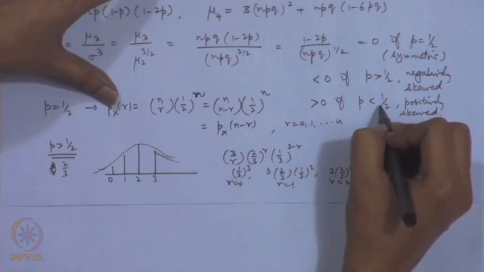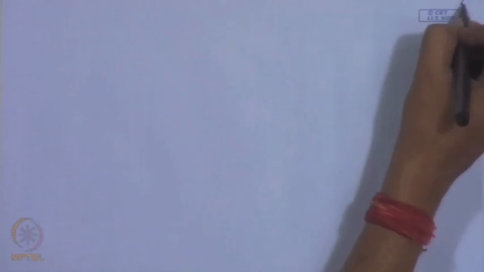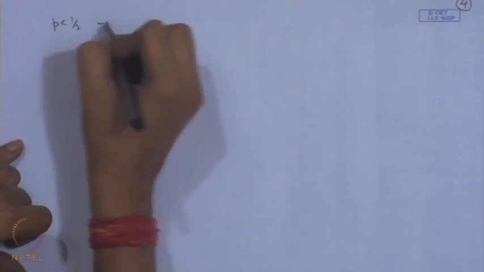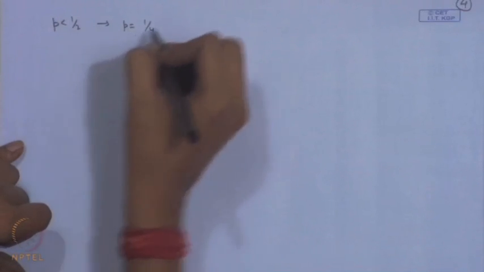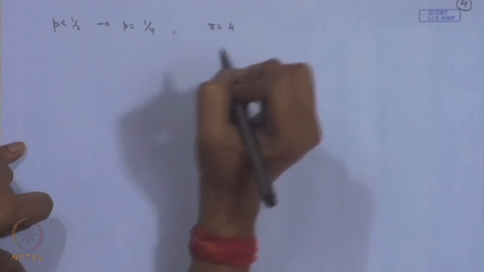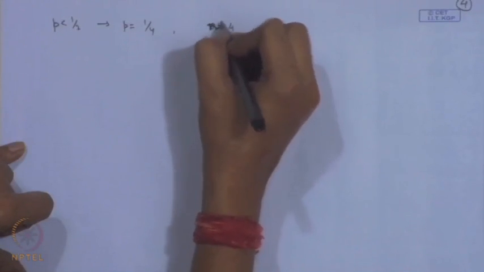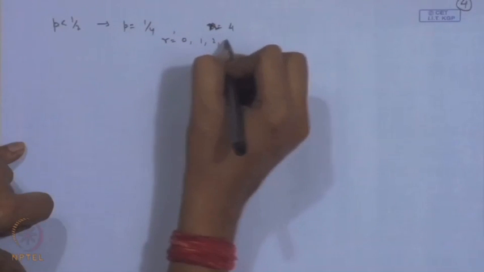Similarly, if I take p less than half, suppose I take p is equal to say 1 by 4 and I take the case n is equal to 4, then you will have r can take values 0, 1, 2, 3, 4.